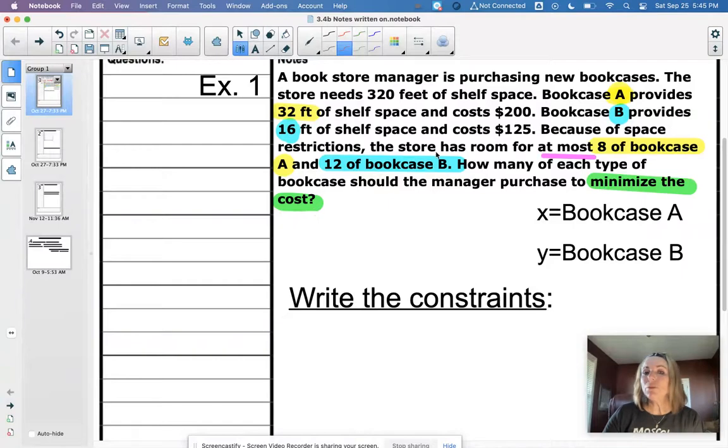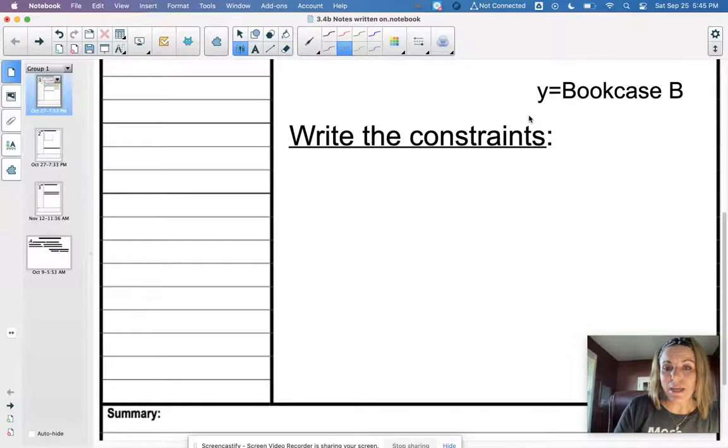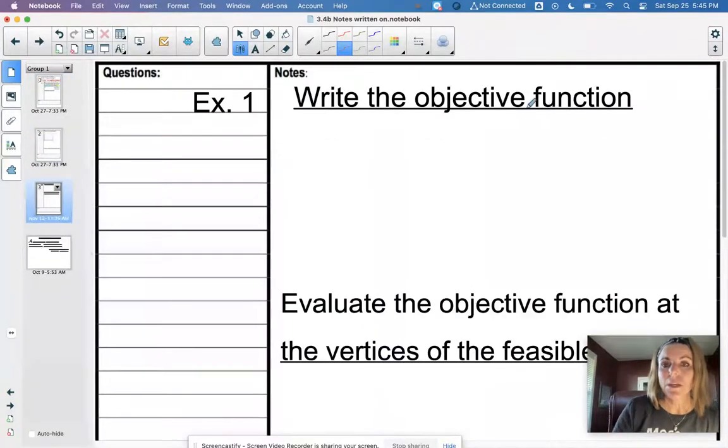With these linear programming problems, we're either maximizing something or minimizing something. What we're minimizing here is cost, which means that the $200 and the $125 are not going to go into the constraints. They are going to end up going into the objective function when we get there.